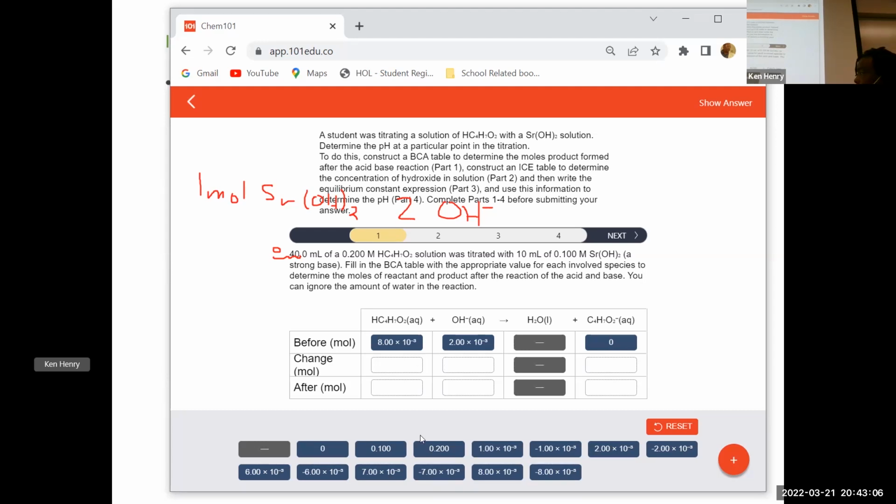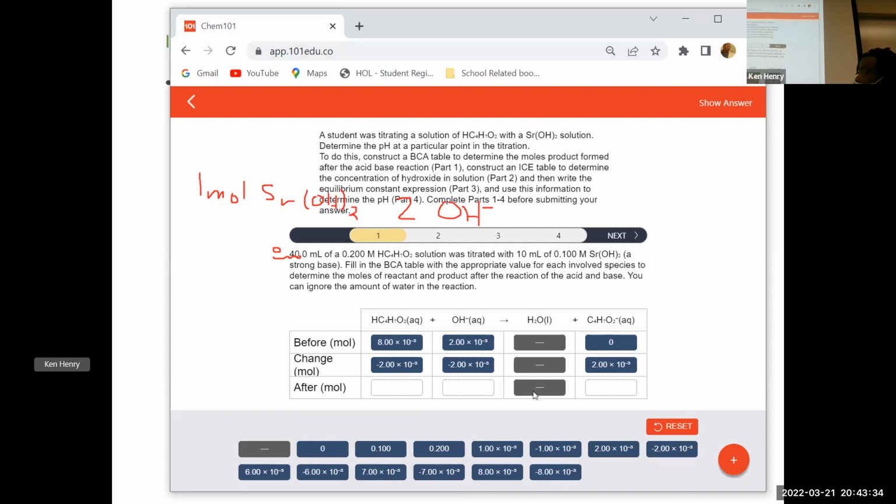Okay, so then we're going to be able to use up all of that, right? So then shouldn't that be minus this, right? And then what's going to happen to this guy? Minus the same amount, right? And then over here, it's a 1-to-1-to-1-to-1 ratio, right?